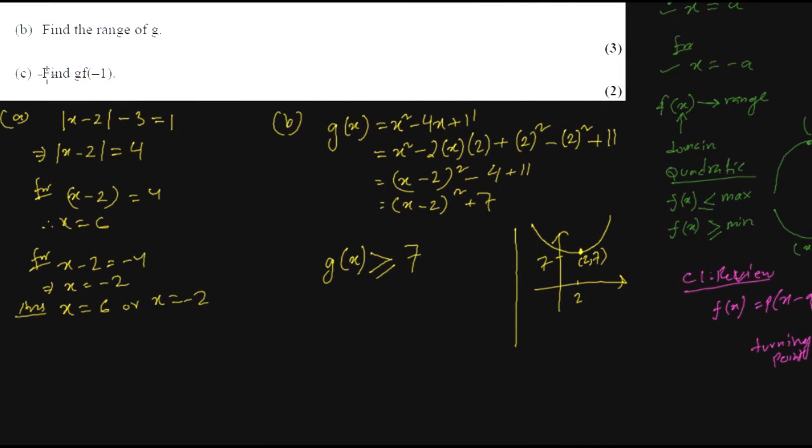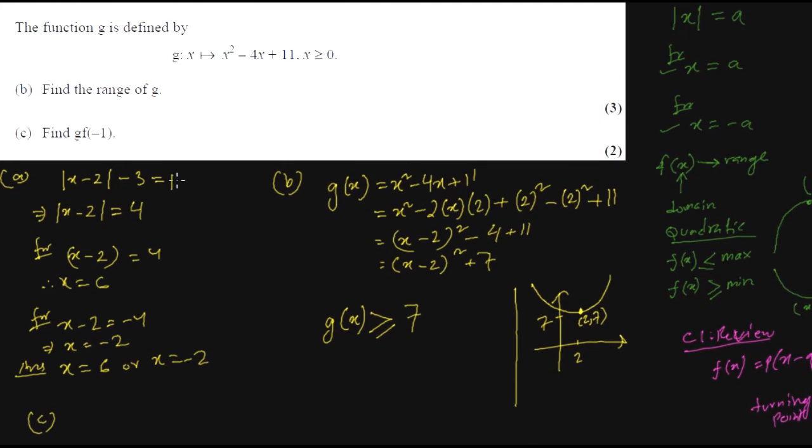Now for question number C, we have to find gf(minus 1). Before that, it means we have to put f(minus 1) inside of g. So in order to do that, we need to find the value of f(minus 1).